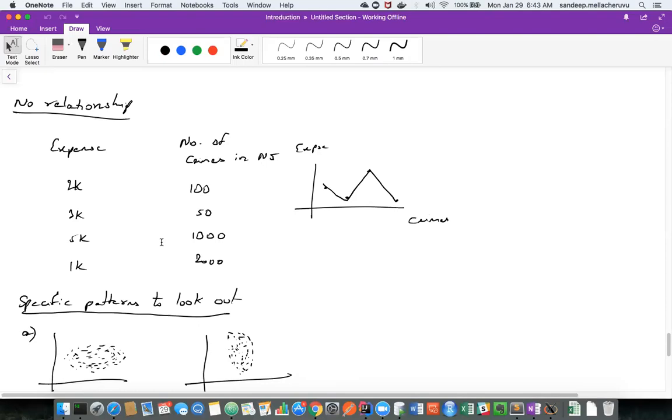The crime rate is not at all impacted by your expense. So in most cases there is no relationship. In that case, in the graph you don't see a particular trend. You cannot say whether it is increasing or decreasing.